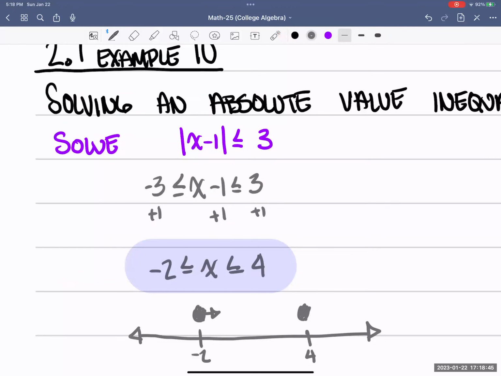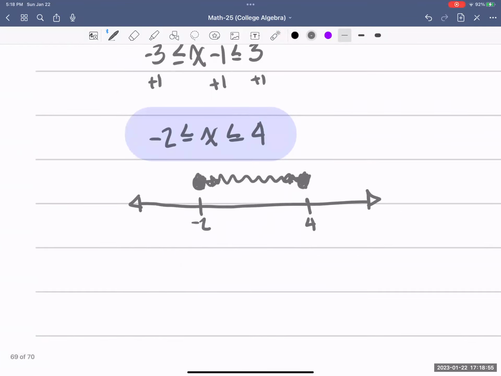On the right side, x is less than or equal to positive 4, so numbers smaller than 4. So it's all of these values right here that make up our solution set. In interval notation, we go from negative 2 up to 4. Closed circles tell us that we have brackets for these two parts. And there we go, that's our solution in interval notation.